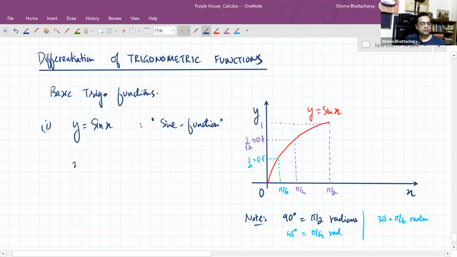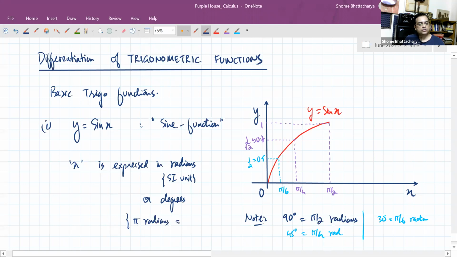So here x is expressed in radians, which is basically what we call the standard international unit, SI unit, or also in degrees, where the conversion factor you should know is that pi radians equals 180 degrees.